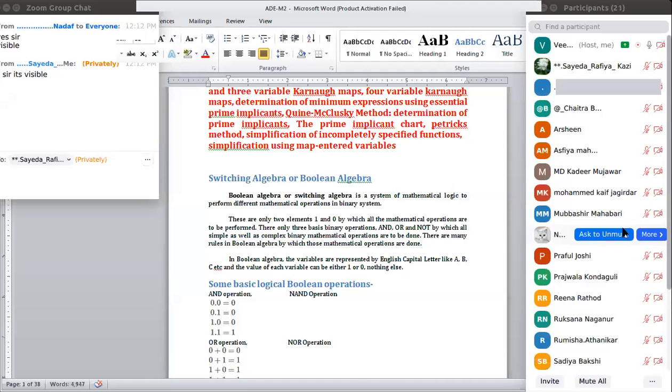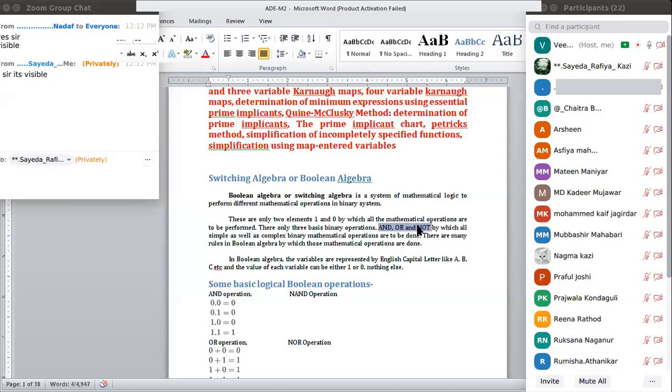Likewise, in a binary number system, there are mainly three operations: AND operation, OR operation, NOT operation. I know you have all come across these logic gates, right? AND gate, OR gate, and NOT gate.